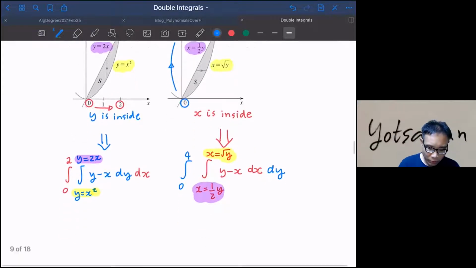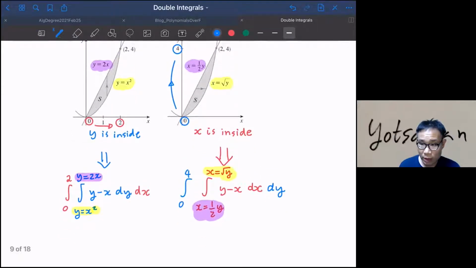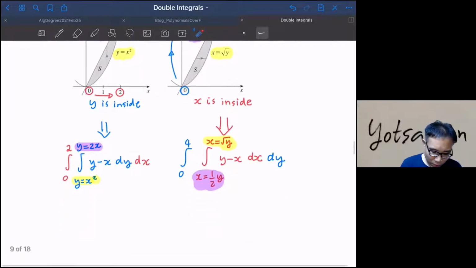The first one is going to be you have x inside and you have y outside. And the thing that I'd like you to see is that they are not just interchanging the order. You may feel that, hey, can I just interchange by switching this to the inside? Okay, so this cannot be done in that way.